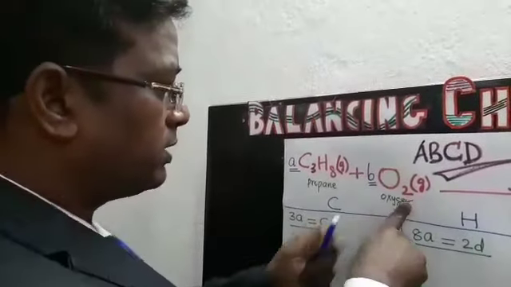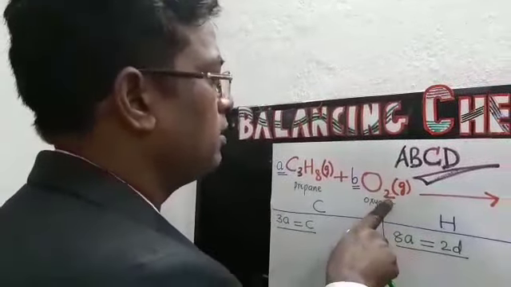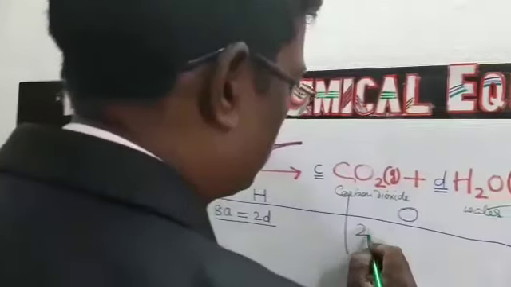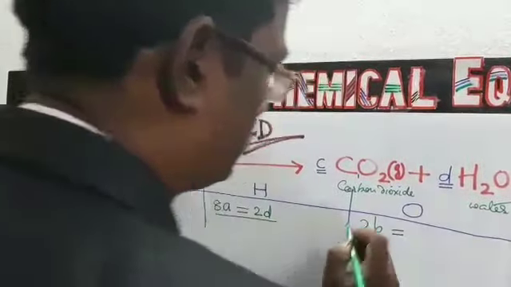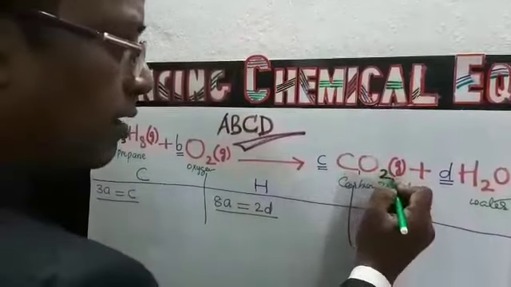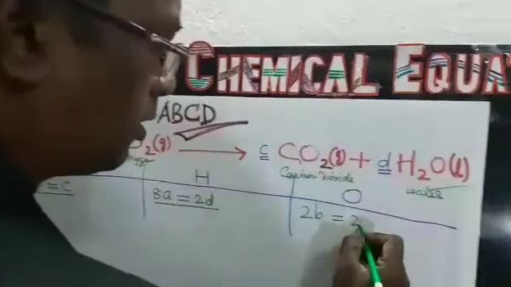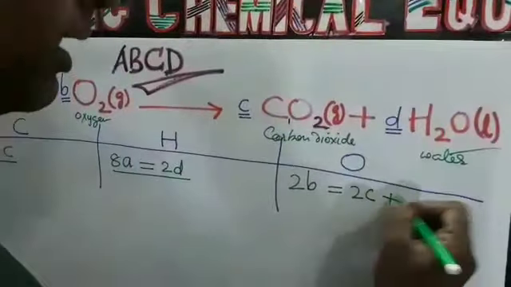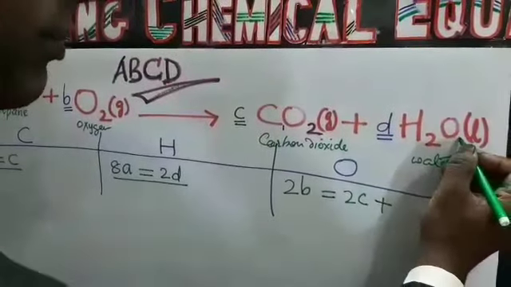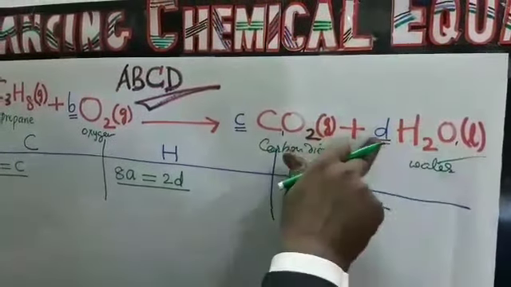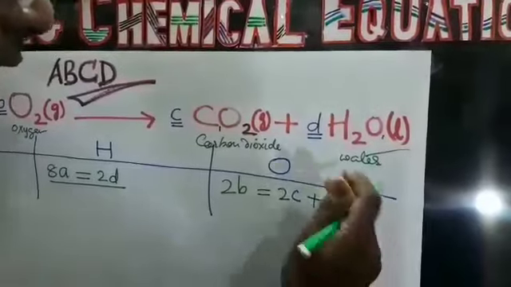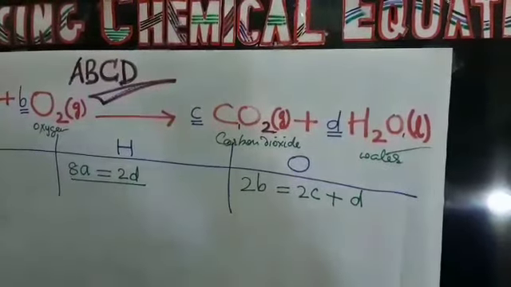Now, last but not least, for the oxygen element: on the reactant side there are 2 oxygen atoms in O2, so 2 into B, 2B, is equal to 2 into C, plus oxygen is also present in water, basically 1 oxygen atom, 1 into D, that is D. Let me explain once again.